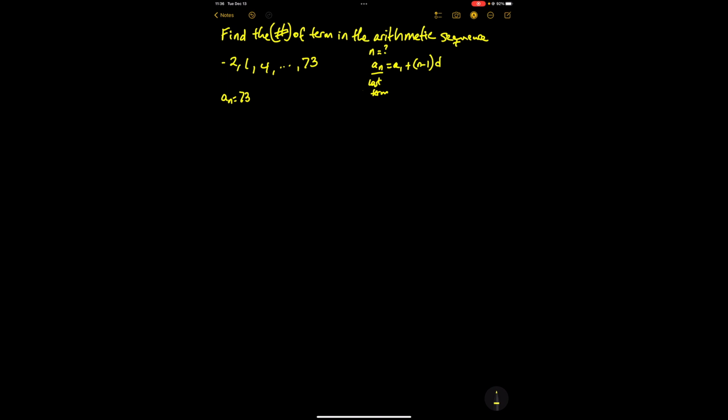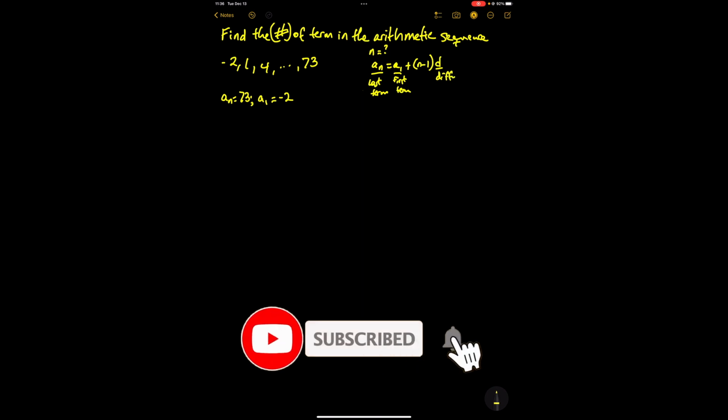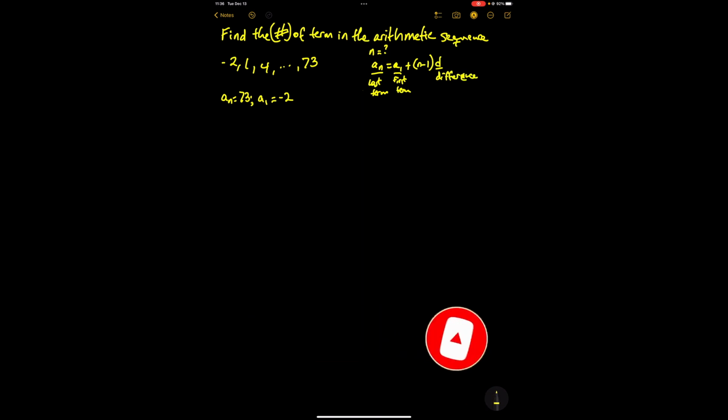What is a1? A1 is the first term, so a1 equals -2. What is d? D is the difference. Now we need to calculate the difference. How do you calculate the difference?